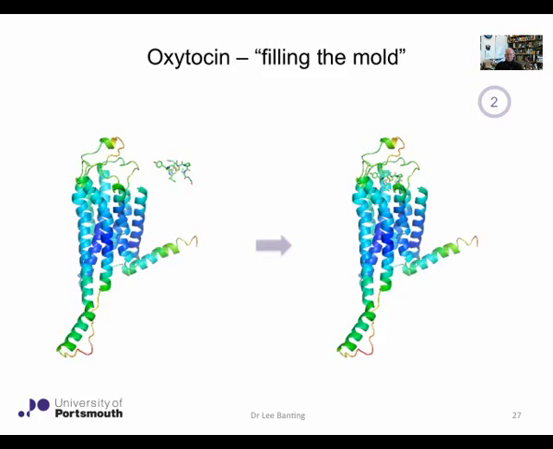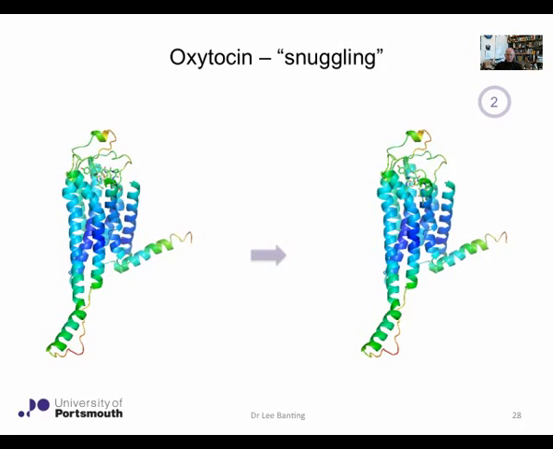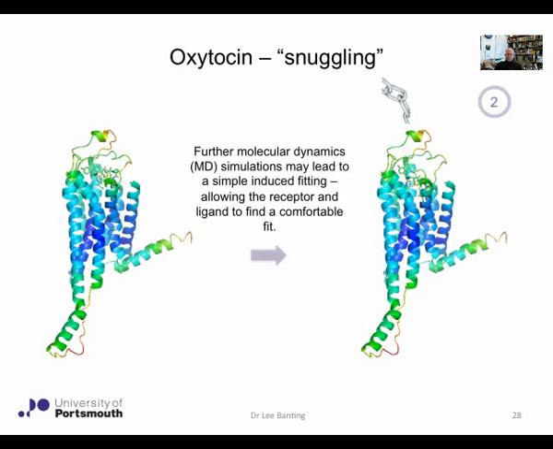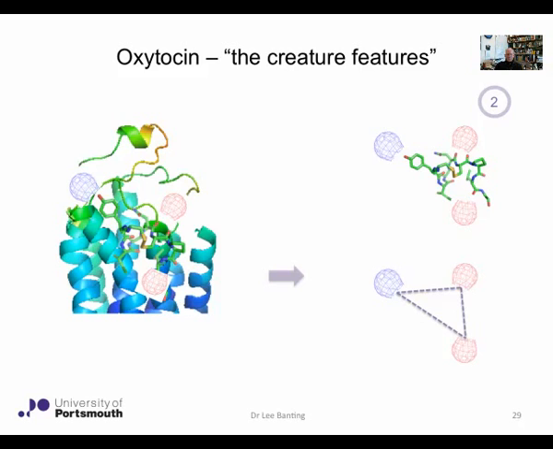Once we've found the conformation, one would dock a low energy conformation into the receptor model, and once we've docked that compound, further molecular dynamics on the complex would allow, in effect, an induced fitting of the receptor and the ligand to find a more comfortable fit, and then from that you could see how that compound wants to interact with the receptor.